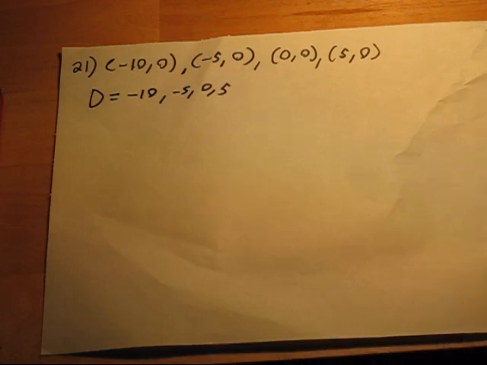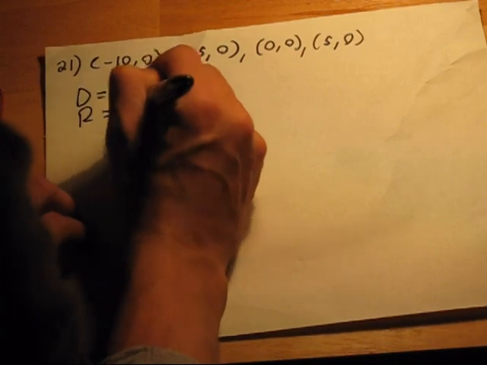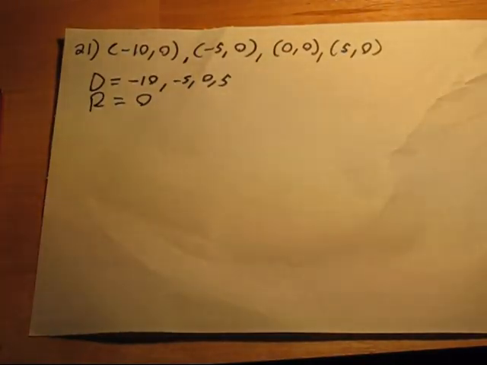So if it said something like the points were greater than or equal to -10 and less than or equal to 5, then the domain would be -10 to 5. But since we just have 4 points, those 4 points are the domain, and those are the only x values. And then the range is pretty simple since there's only one value for that, and that is 0. Now I think you're supposed to put commas around that, but I didn't.